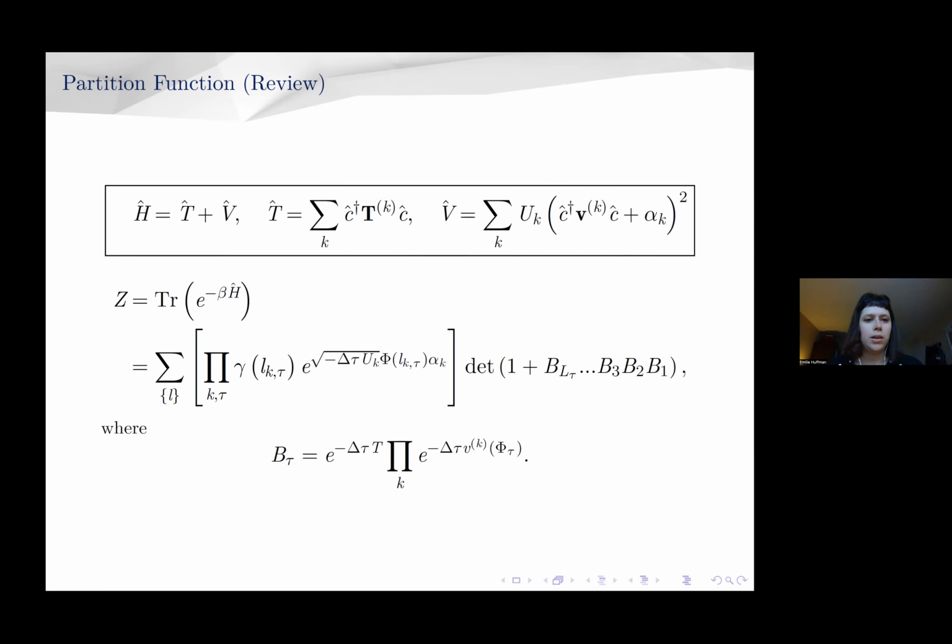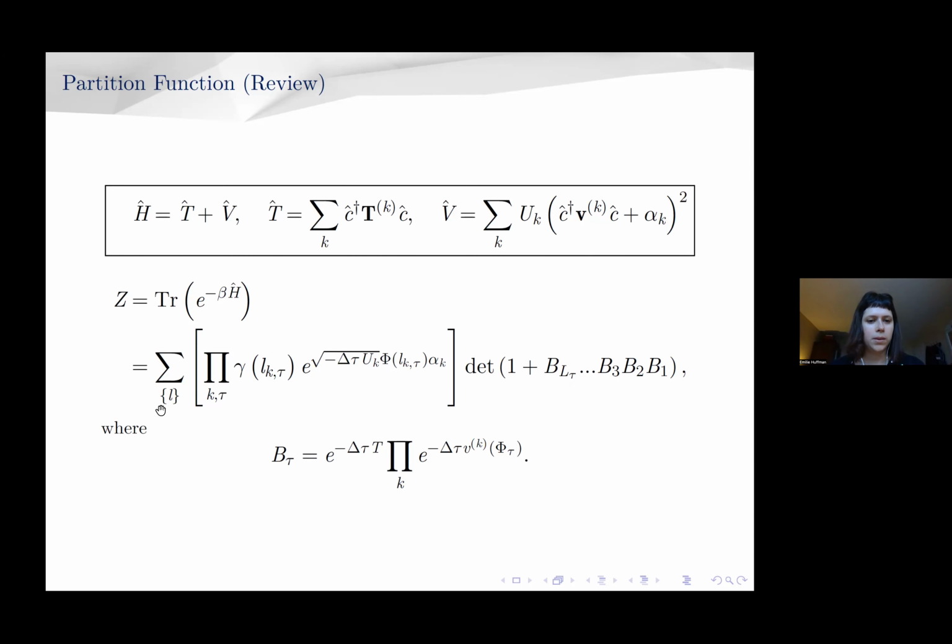And what we did was we looked at writing out the partition function, and we found a way, through introducing the auxiliary fields, to write this in an explicit mathematical form using these B matrices that are attached to different time slices that we introduced.